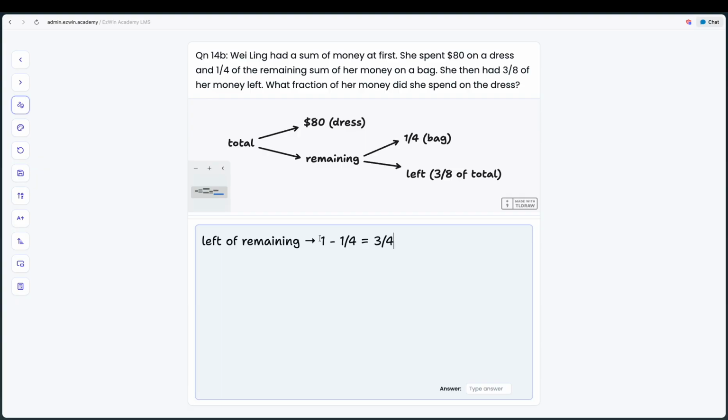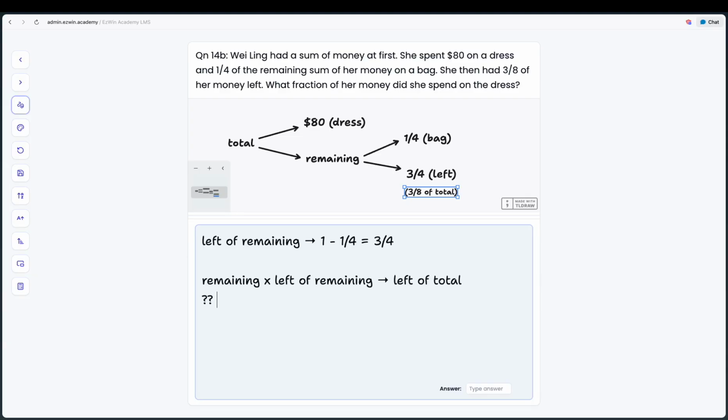And we also know that what's left is 3/8 of the total as well. So the remaining multiplied by left of remaining is equal to left of total.